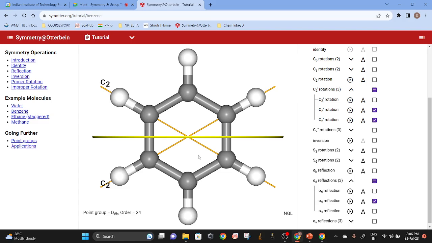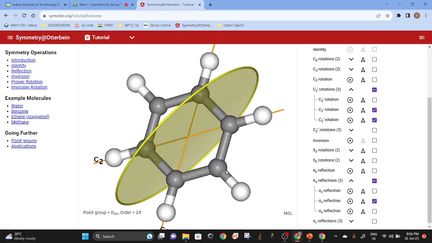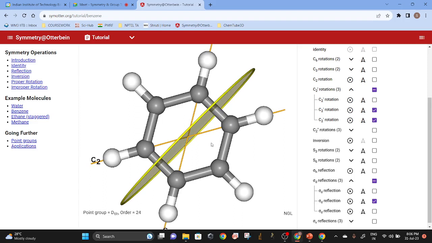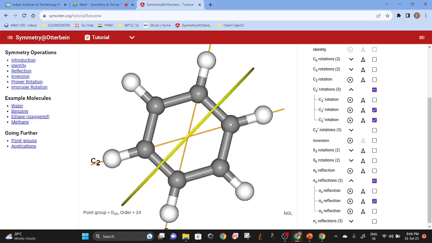See in the 3-dimensional view, the C2 axis, the line going through the CH bonds, and this is the other one. Now this plane is bisecting the angle between the two C2 axes. This is 1, this is 2, and see, it is cutting exactly in the middle. So that's why this one is the dihedral plane, cutting two C2 axes.